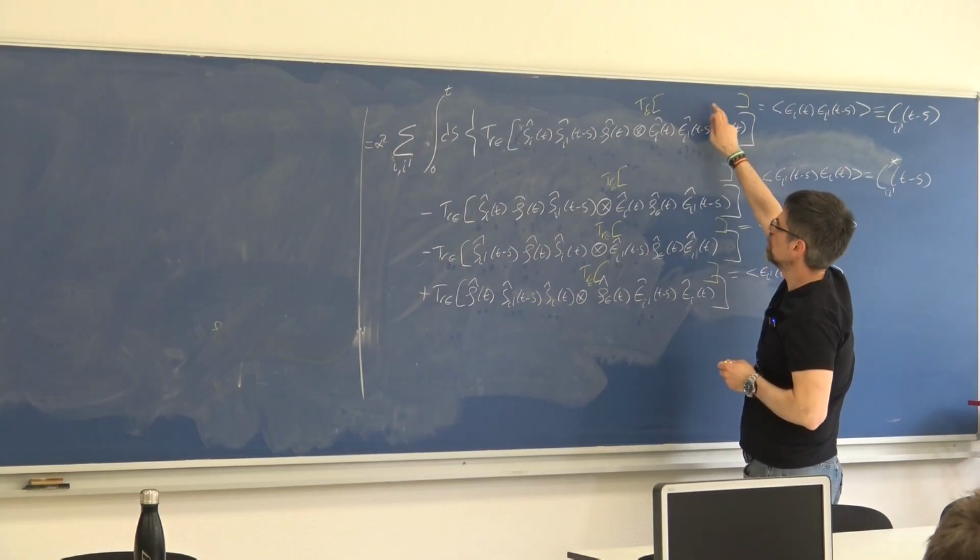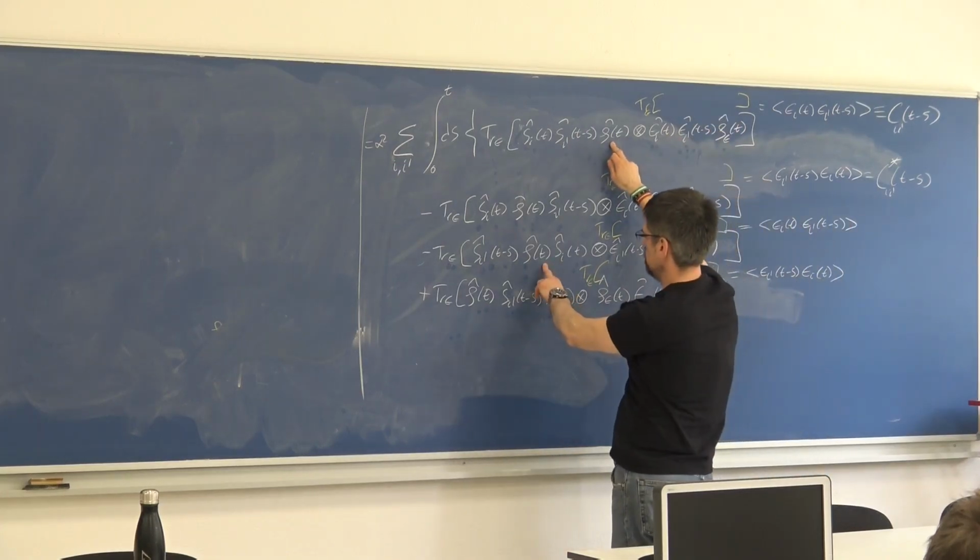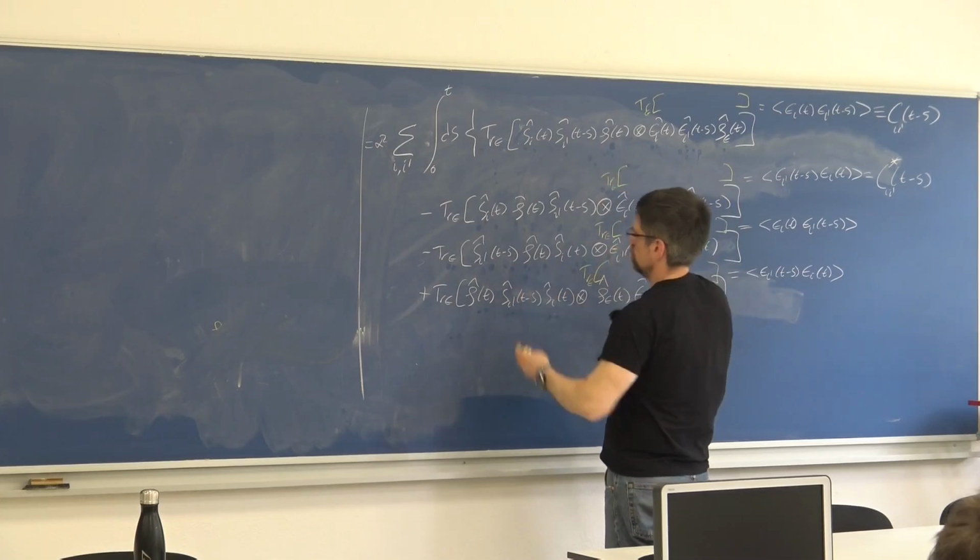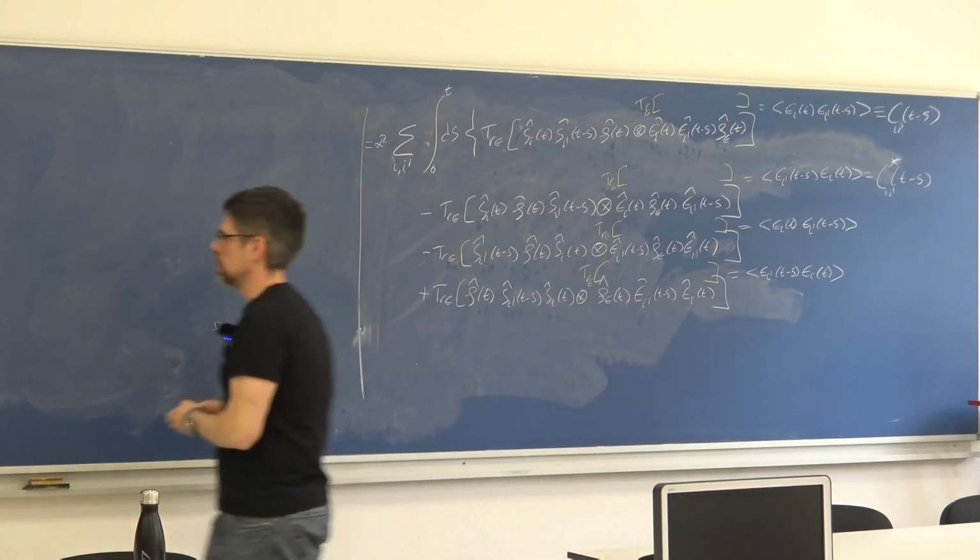And what I don't see is how to write this and this as a commutator. It should be this. Yes, sorry, it's a commutator.